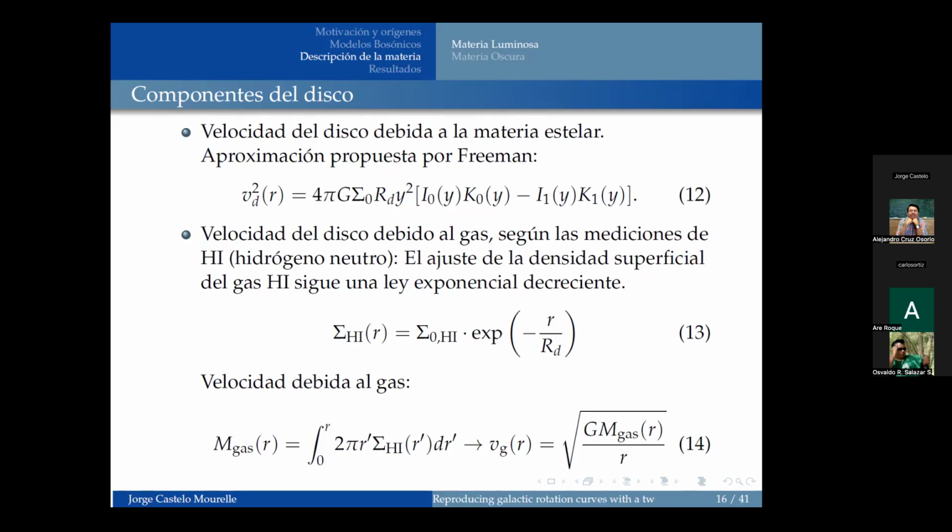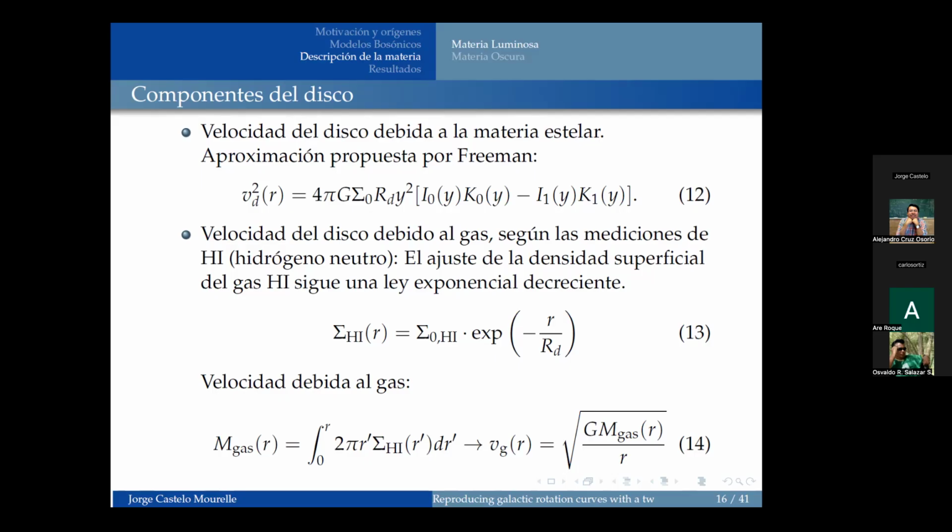And for the stellar material, we just take the Freeman approximation for the disk. This looks difficult, but it is not. Those are some Bessel functions. And here in the sigma and this R and E, the observational information, because these models are obtained by taking observational data. So this part of the disk is quite well described by using this approach.